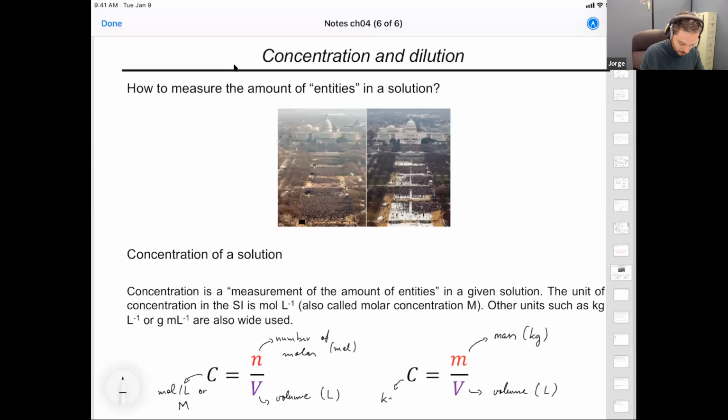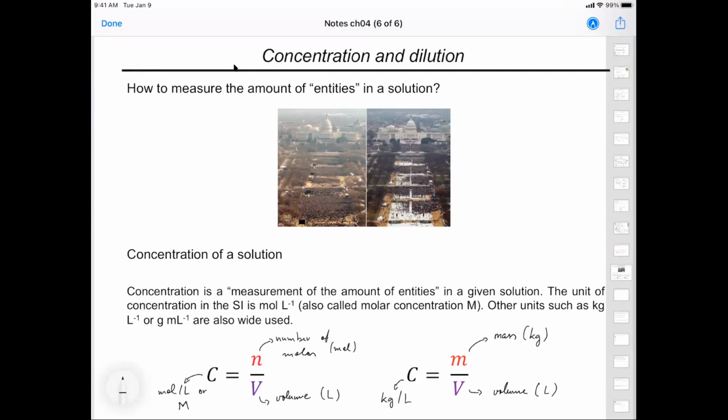Therefore, concentration is going to be in kilograms per liter. So when are you going to use molar concentration and when are you going to use the concentration in kilograms per liter? Whatever the exercise asks you to do will guide you regarding which formula to use.